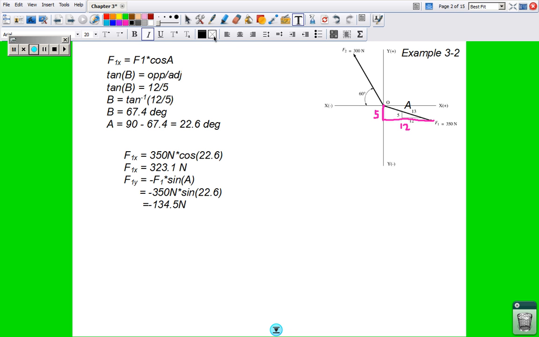Okay, we'll need to do the same thing with our second force. Okay, and so we'll say that that angle is C, so it's going to be F2 cosine C, right?